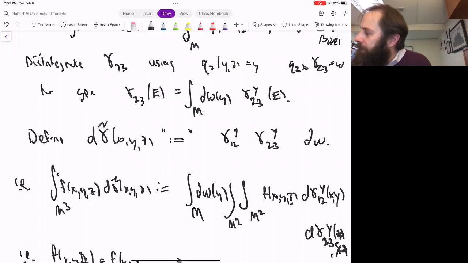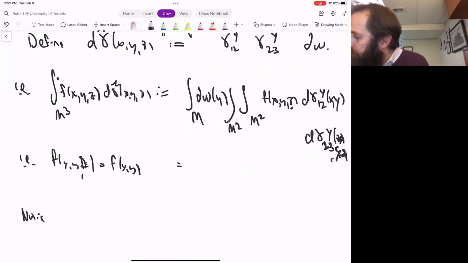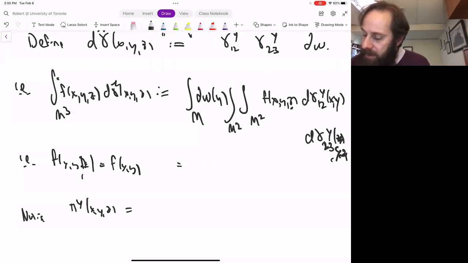Right, so I have this observation in my notes. Notice that if I have a mapping pi y of (x,y,z) which picks off the y coordinate, then pi y inverse of y is basically the first factor across the last factor.